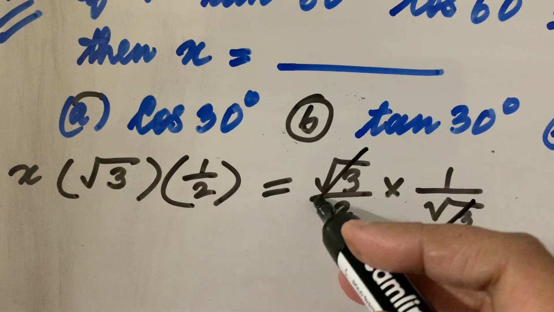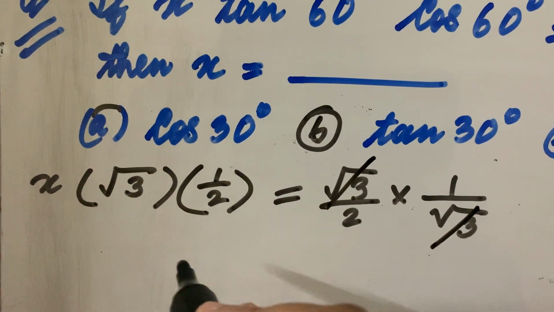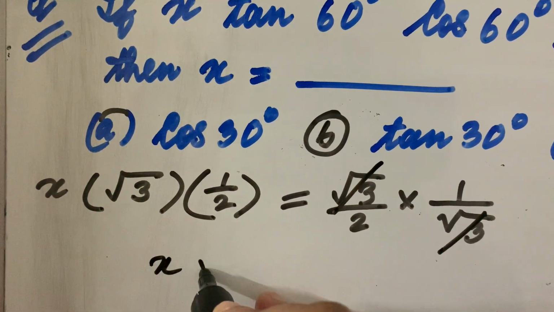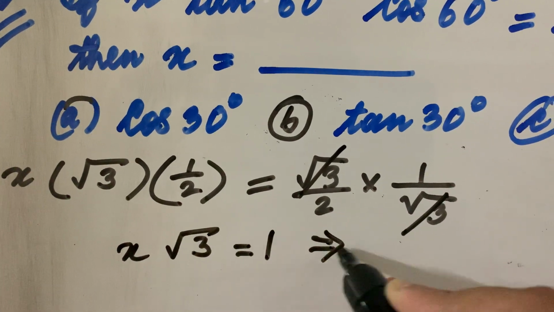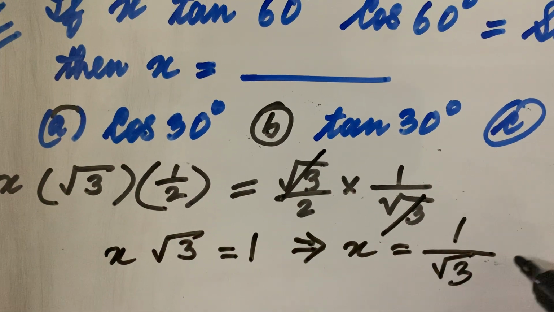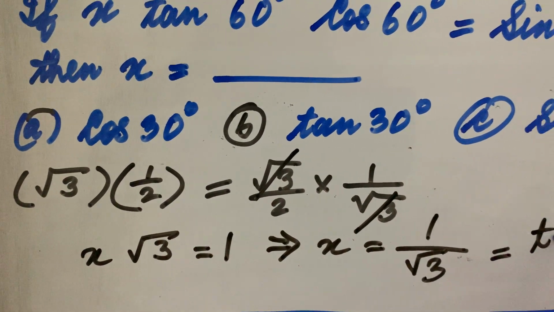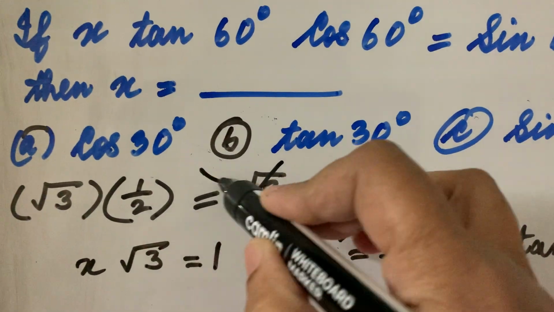Root 3 and root 3 get cancelled. This 2 and this 2 denominators are the same, so they'll equate. So we get x root 3 is equal to 1, which means x is equal to 1 by root 3. And what is 1 by root 3? It is tan 30. So your answer is B.